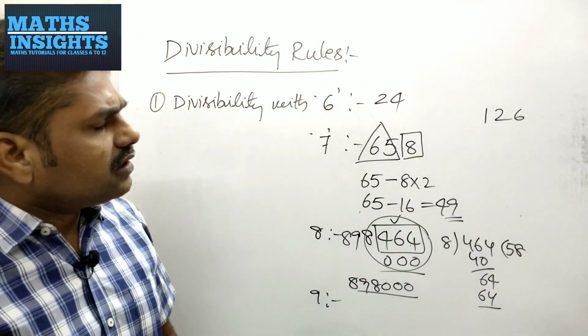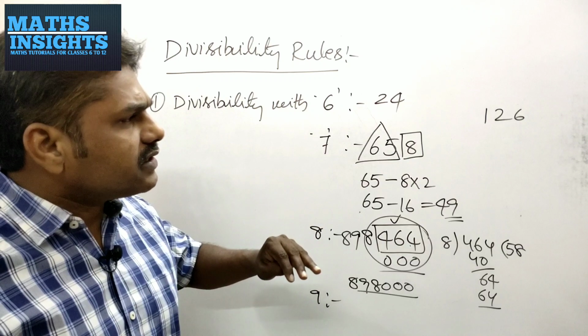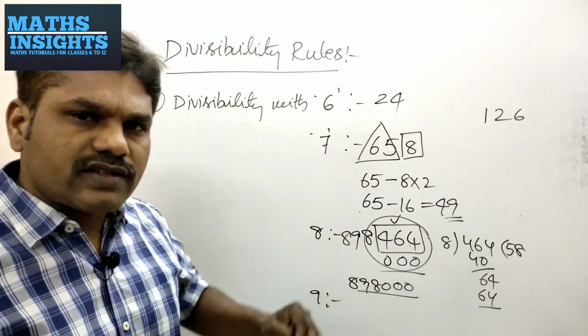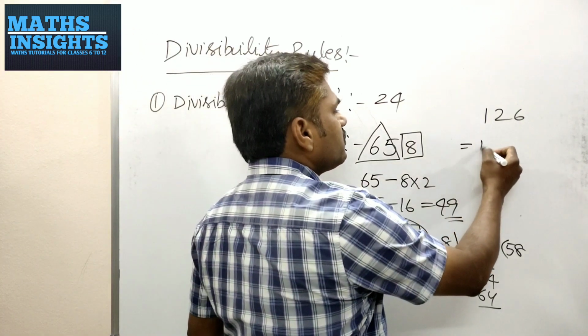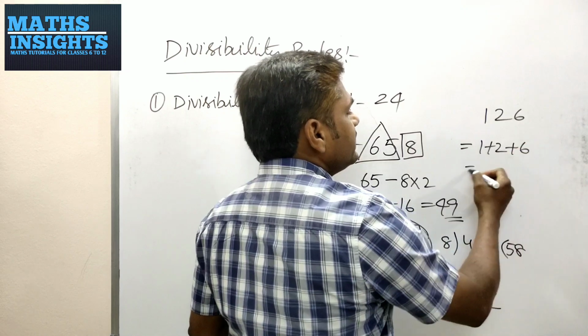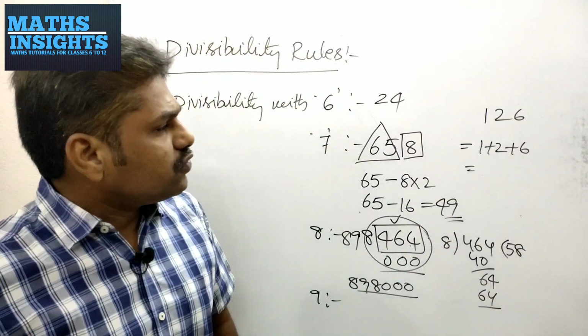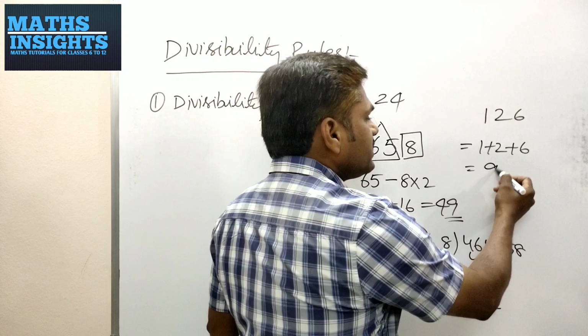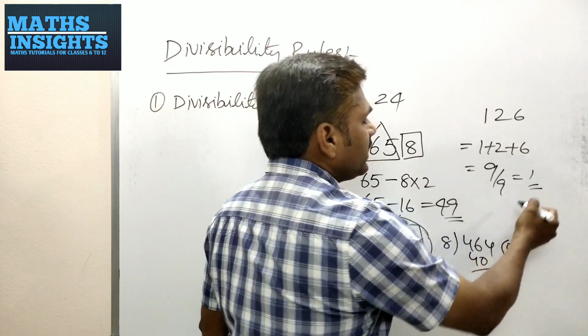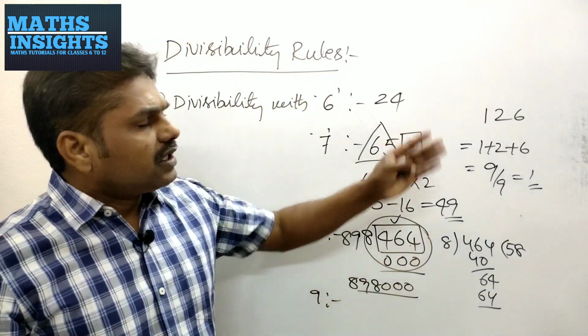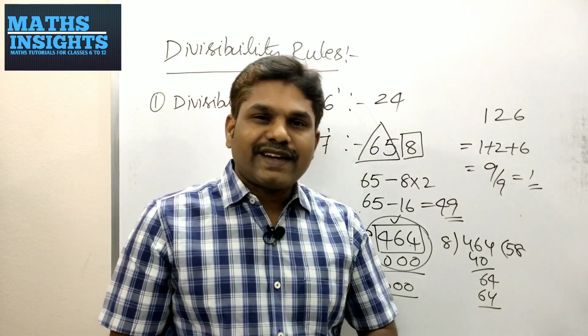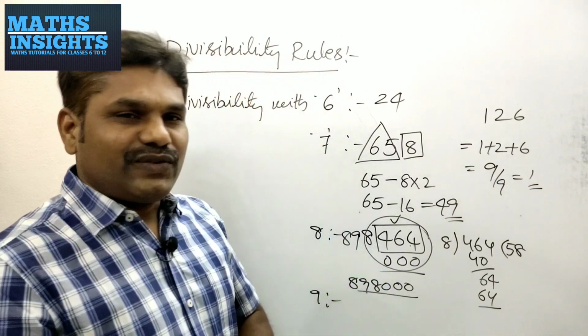I want to check whether this 126 is divisible by 9 or not. What I said, you have to sum all these 3 digits. That is 1 plus 2, 3, 3 plus 6, 9, which is exactly divisible by 9. Therefore, the number 126 is exactly divisible by 9 itself.